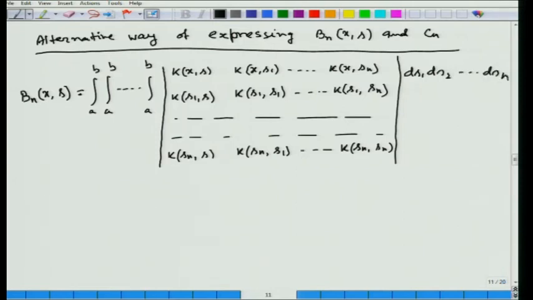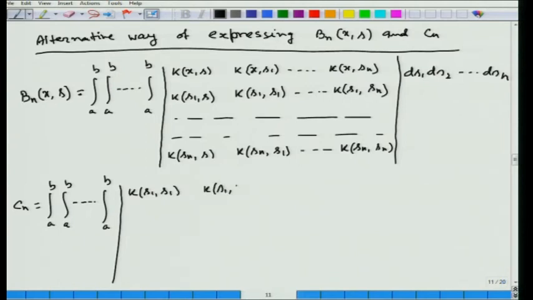with ds_1 ds_2 up to ds_n. This is the expression for B_n(x,s). And C_n is defined by the n-fold integral from a to b of the determinant whose first row is K(s_1,s_1), K(s_1,s_2), up to K(s_1,s_n).